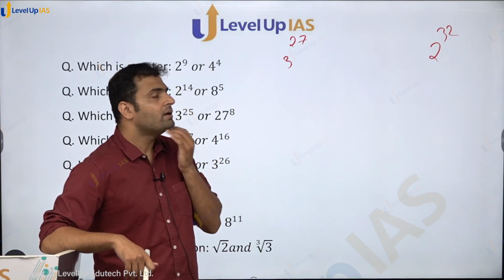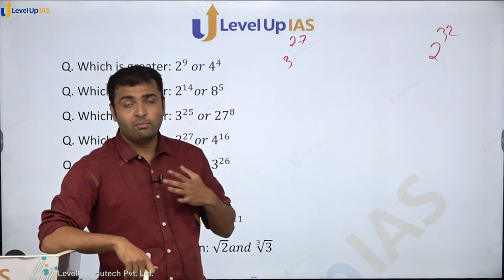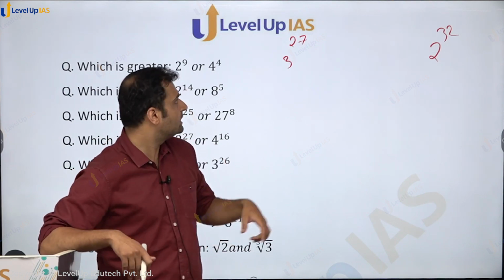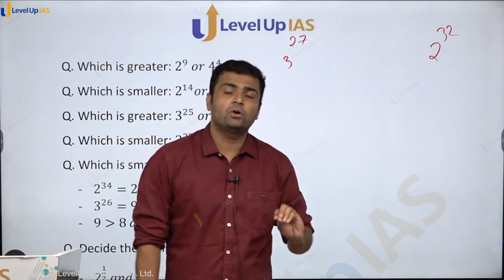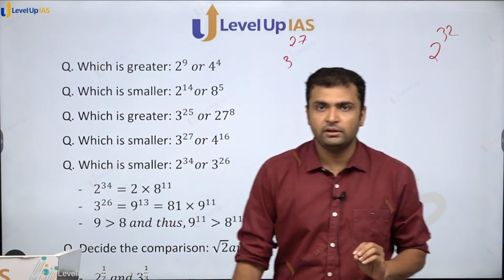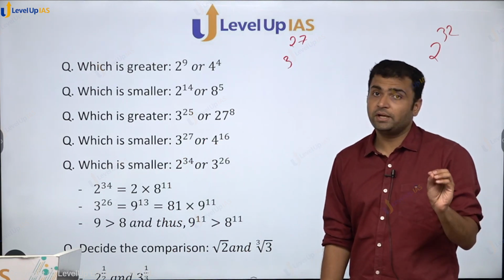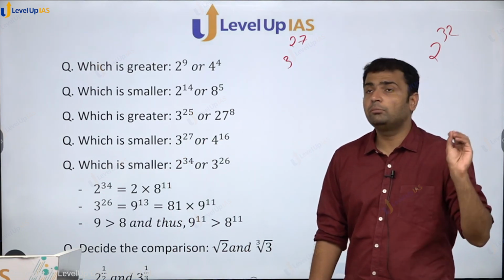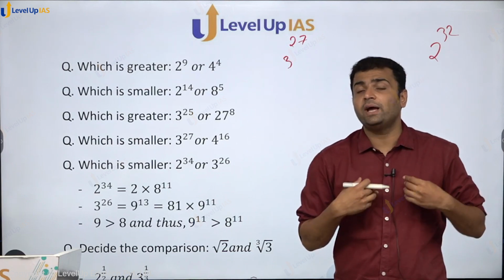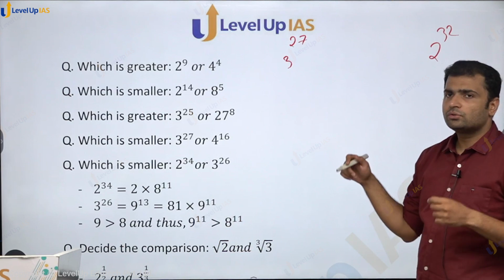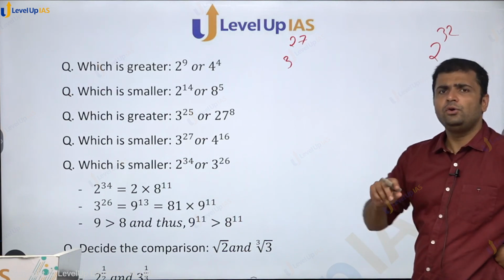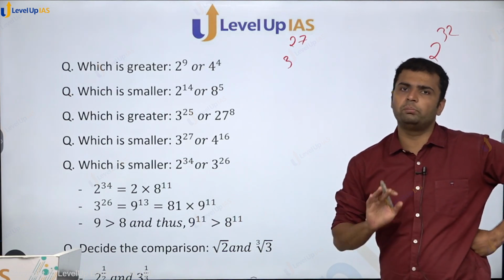So my initial hunch, my initial guess is that this number might be bigger, and I'm going to work on that hunch. Okay? This is not a mathematical proof that this is bigger. This is just my hunch, and I'm going to prove my hunch now. How? I'll start with a known power of 3 which is bigger than a known power of 2.